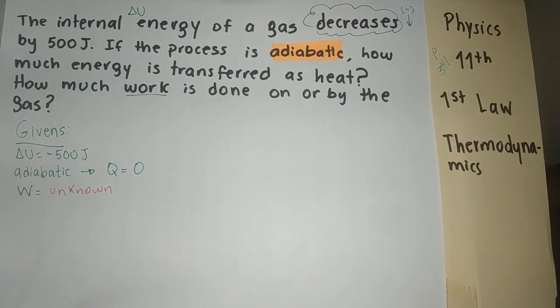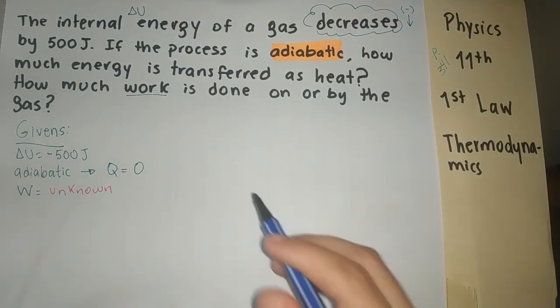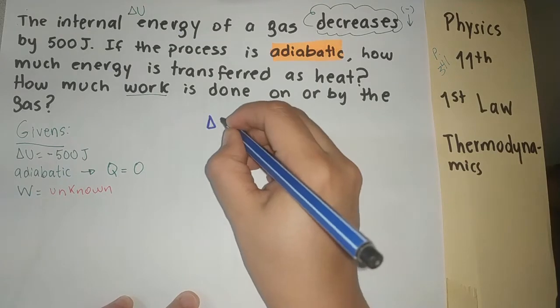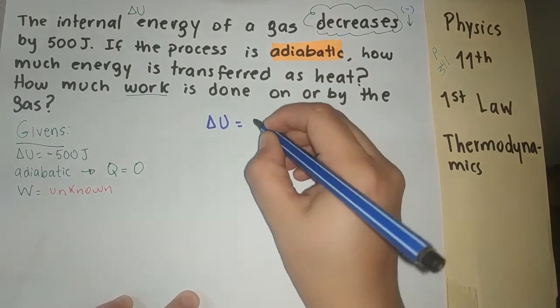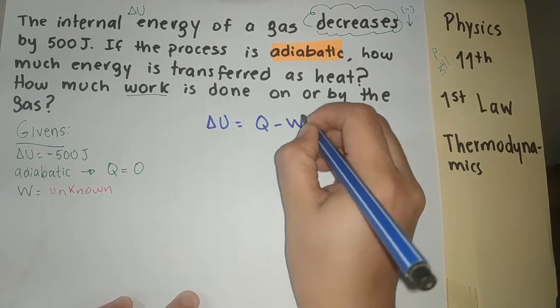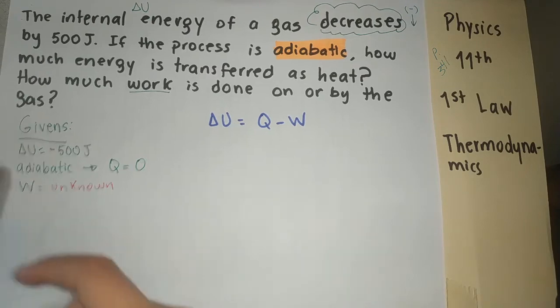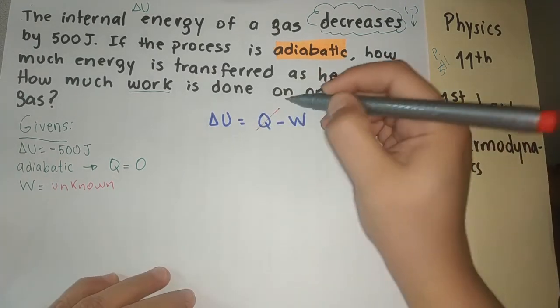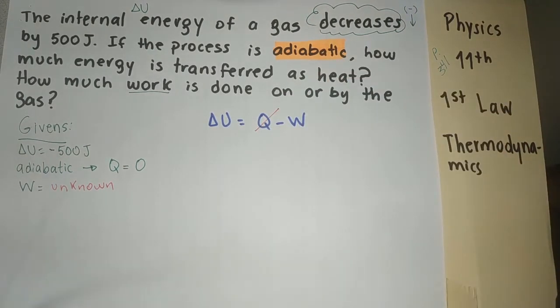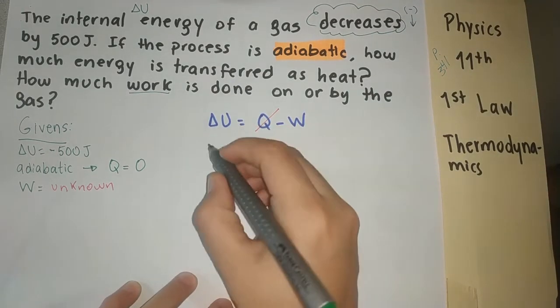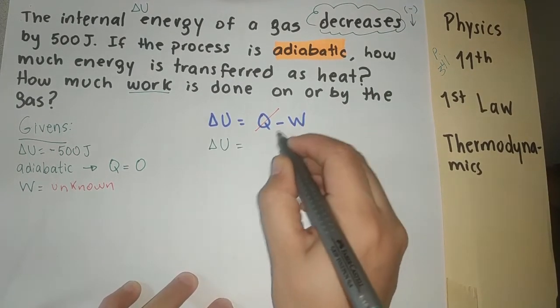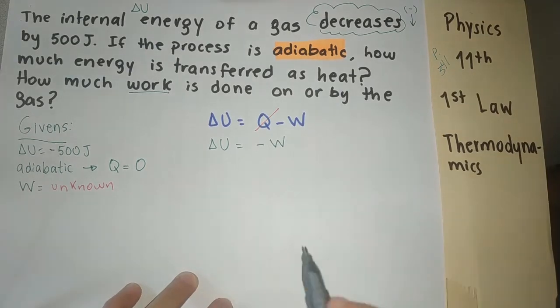Now, the first law of thermodynamics, we already wrote it in the exercise before. It says delta U equals Q minus W. If we know that this is an adiabatic process and that Q is equal 0, so basically we now have that the change in the internal energy is going to be negative W.